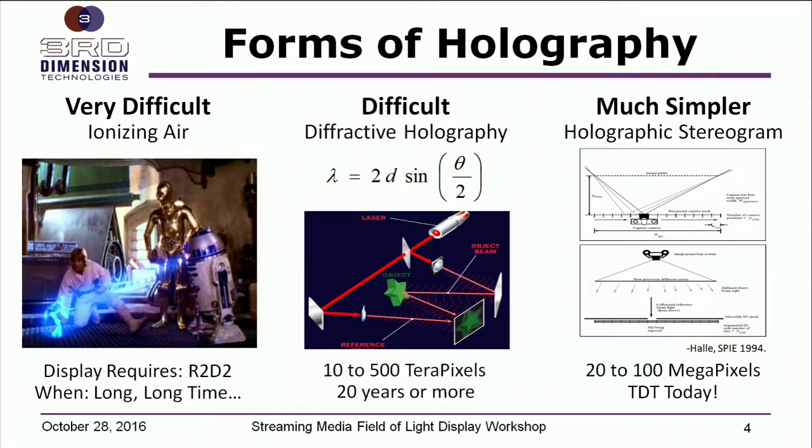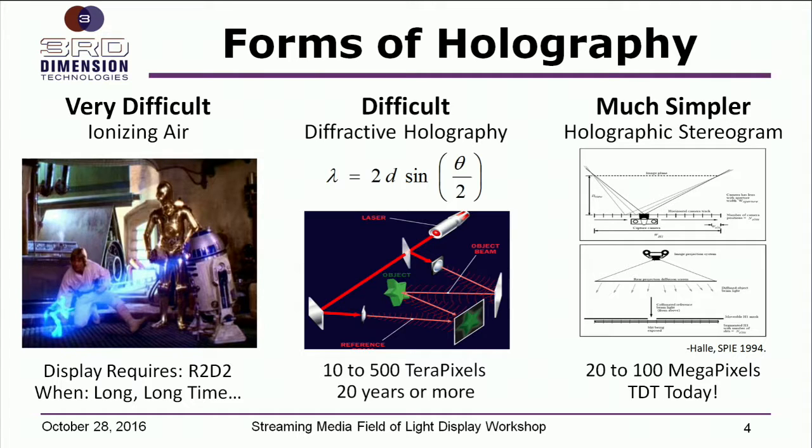We just heard a talk about diffractive holography. The problem there, as Lloyd very succinctly pointed out, is that you need effectively small pixels. I've written a very simplified form of the diffraction equation where lambda is the wavelength, d is your pixel size, and theta is your angular field of view. If you solve that for how much data you need, it's 10 to 500 terapixels.